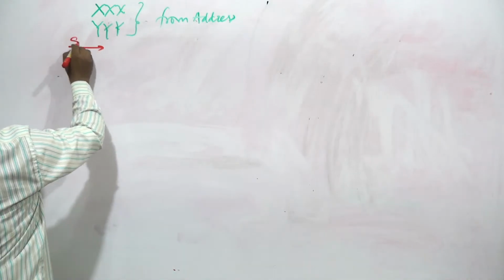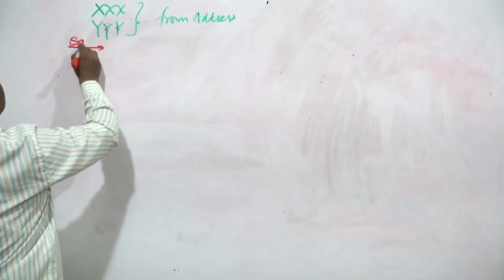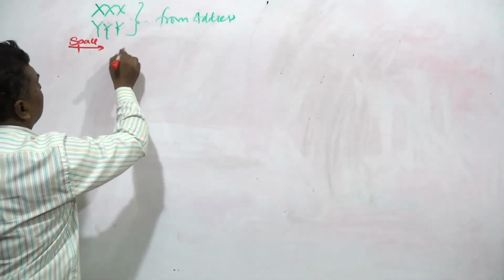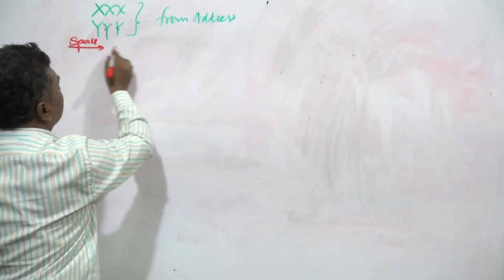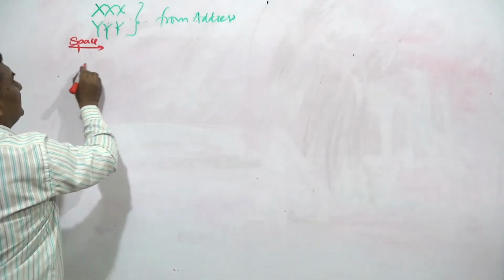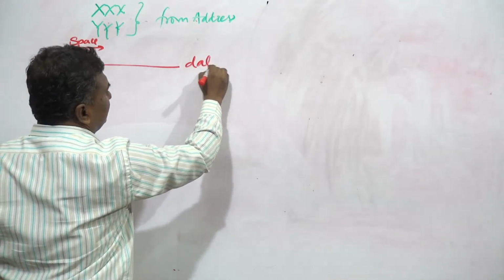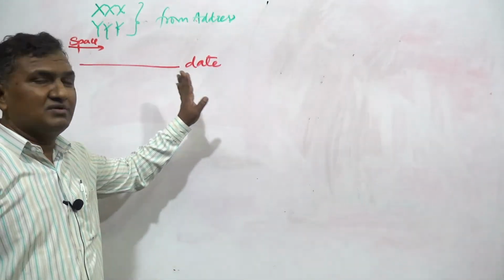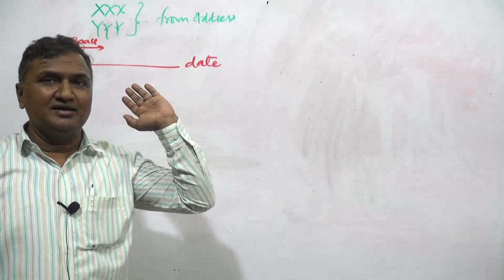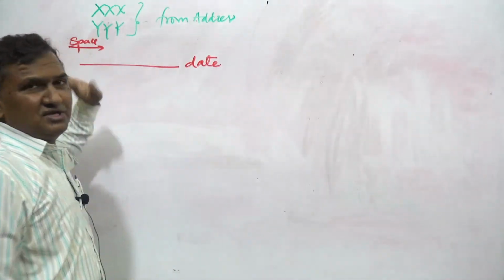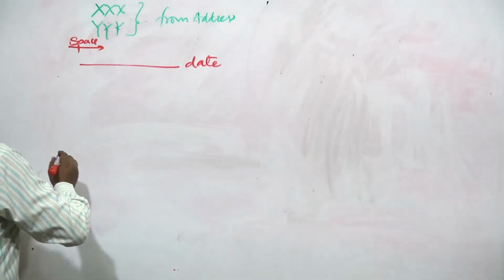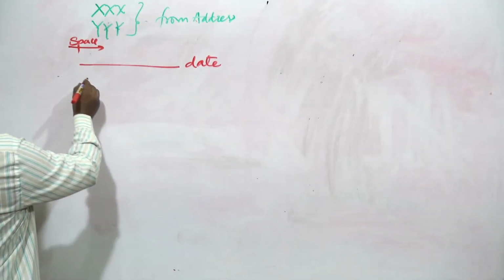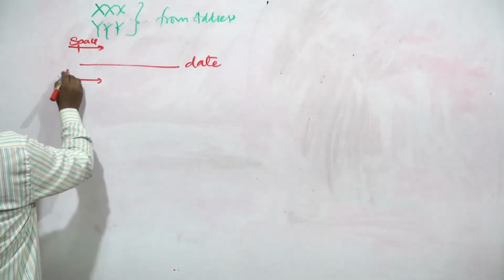This is space. Then you have to write the date here. I have told you, you need not mention the word date. Directly mention the date. After that, again space.